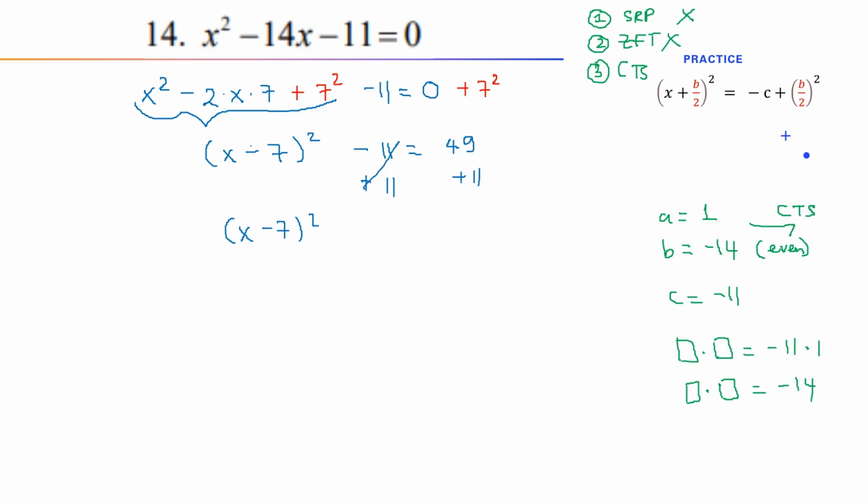Rewrite that: x minus 7 squared, negative 11 plus 11 is 0. On the right hand side, we add 49 plus 11 is 60. Alright.